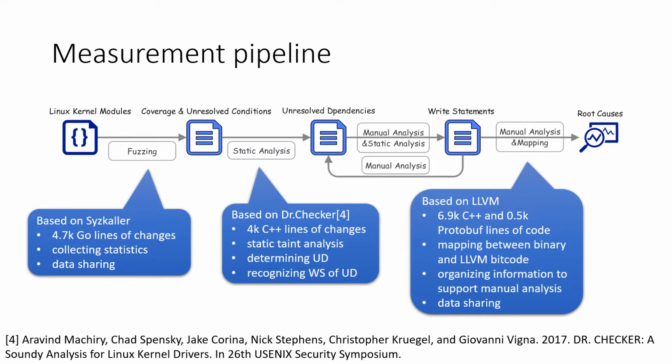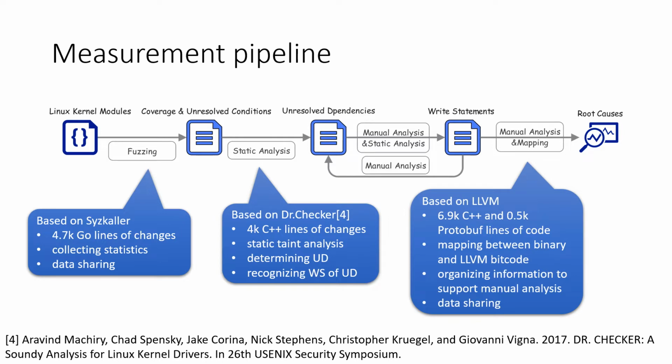Then we use static analysis to determine unresolved dependencies and recognize their write statements, which has 4,000 C++ lines of changes based on Dr. Checker. After getting write statements, we have to manually figure out the effective write statements, whether they are influenced by other unresolved dependencies, and the root causes behind them.